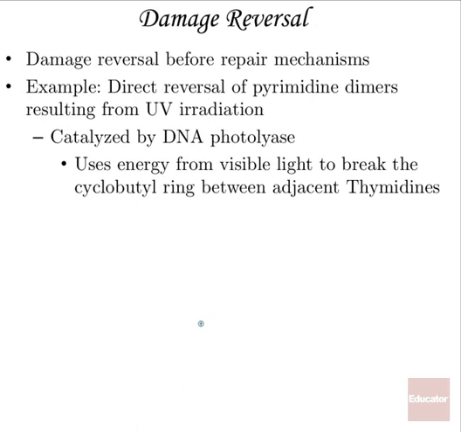So an example of direct reversal or damage reversal is the direct reversal of pyrimidine dimers. Okay, remember our pyrimidines are our C's, our U's, and our T's. If we're talking about DNA, hopefully we don't have any uracil in our DNA, right? So if we're talking about DNA, hopefully we're just saying cytosine and thymine.